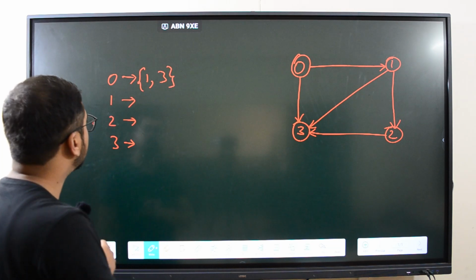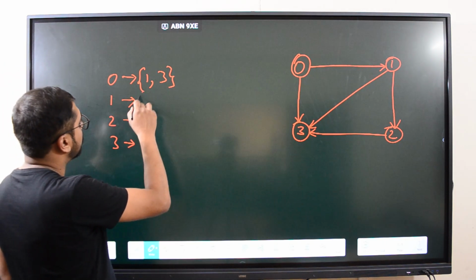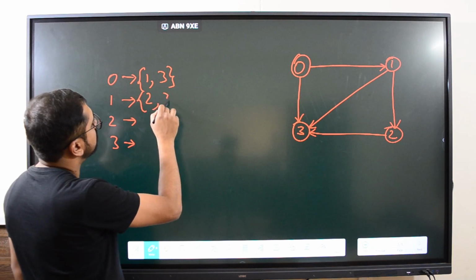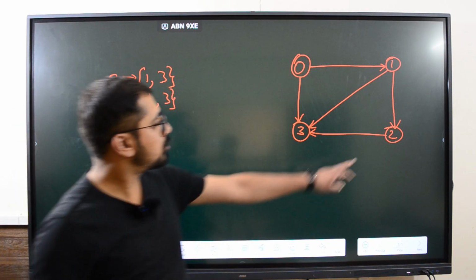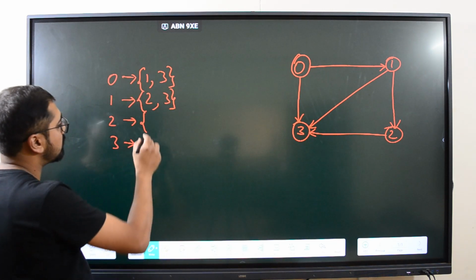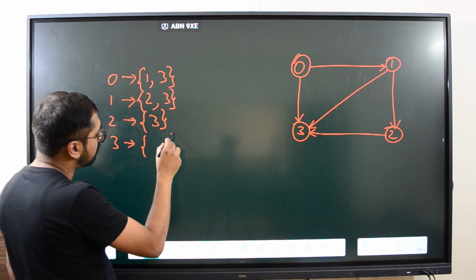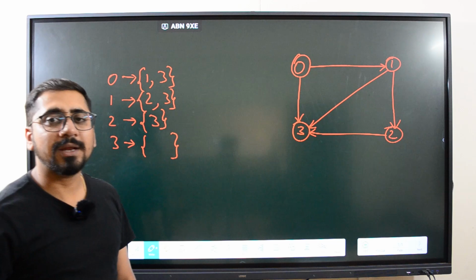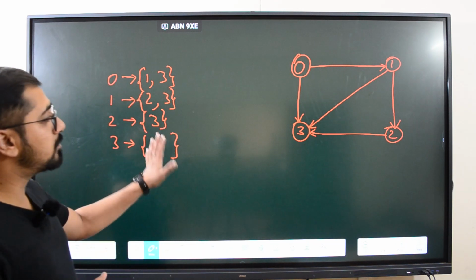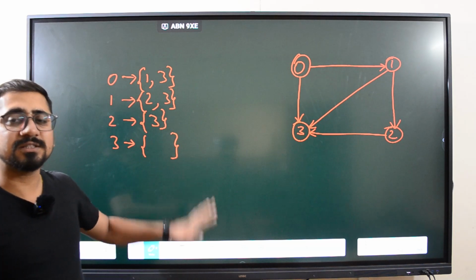Similarly from 1, we have edges to 2 and 3, so 2 and 3 here. Then from 2 we have only one edge going to 3, and from the node 3 we don't have any edge going to any other node, so it will remain an empty one. This is the basic implementation of how we are going to implement an adjacency list here.